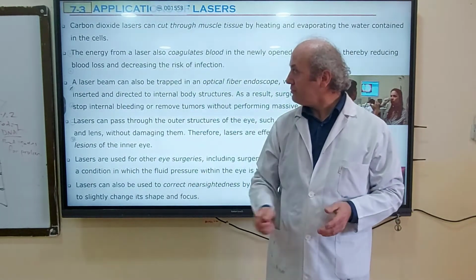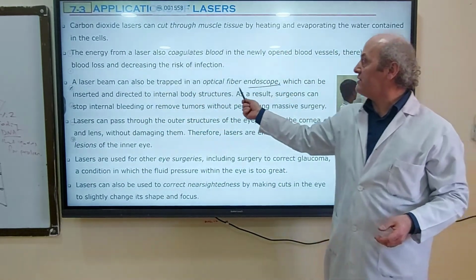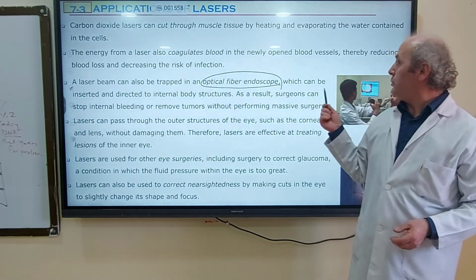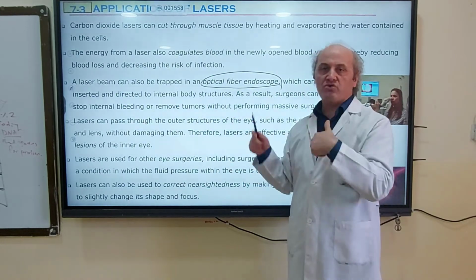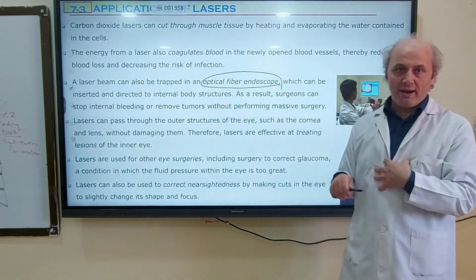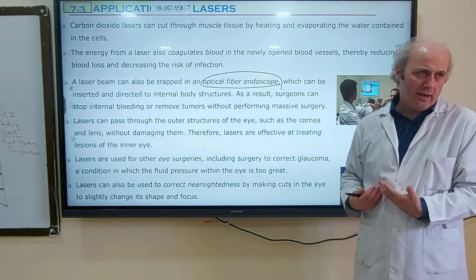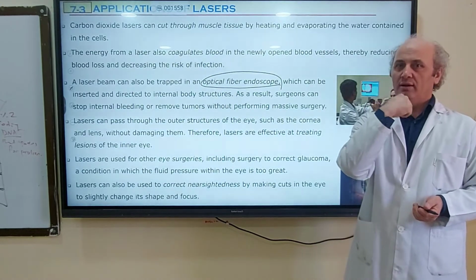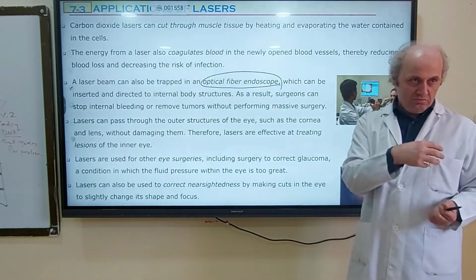A laser beam can also be trapped in an optical fiber endoscope. This is very useful nowadays. An optical fiber endoscope can be inserted and directed into body structures. For example, the stomach. You have a stomach ache and you want to know what the problem is. They go inside through your mouth, send it to your stomach, and watch it.